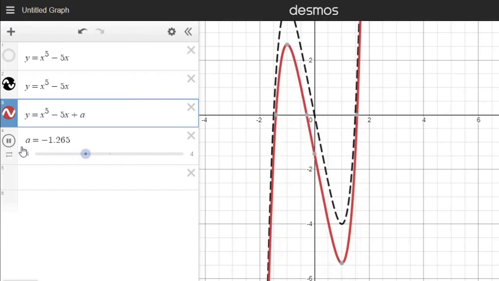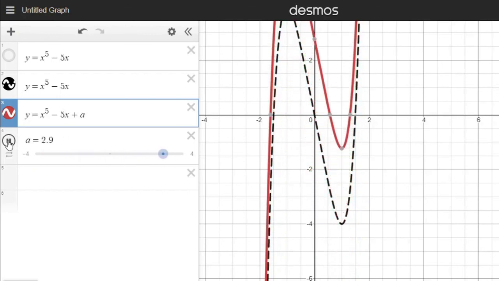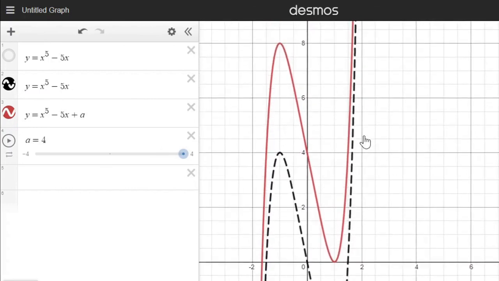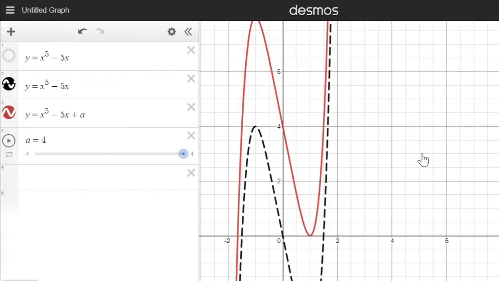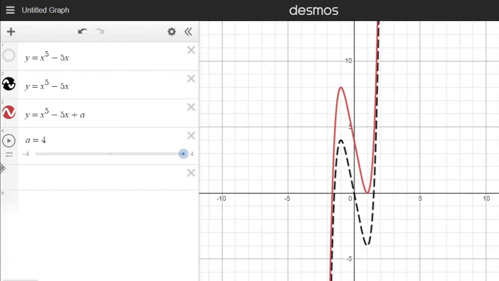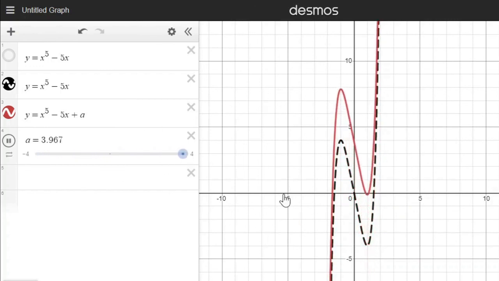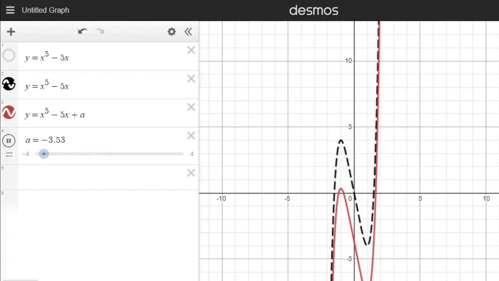And similarly, when a equals 4, you can see that here it cuts at one point and here it cuts at another point. And similarly, you can see this beautiful animation shown over here, of how the value of a influences the graph of x to the power 5 minus 5x plus a.